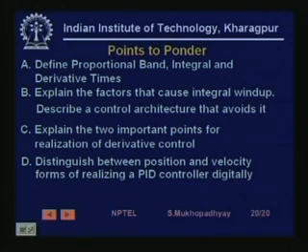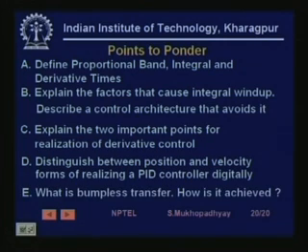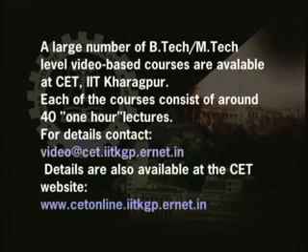So, you need to think how to distinguish between them, when which one is required, and also what is the bumpless transfer and how it is achieved. So, the answers to these questions exist in many textbooks and also within this lecture. Thank you very much.